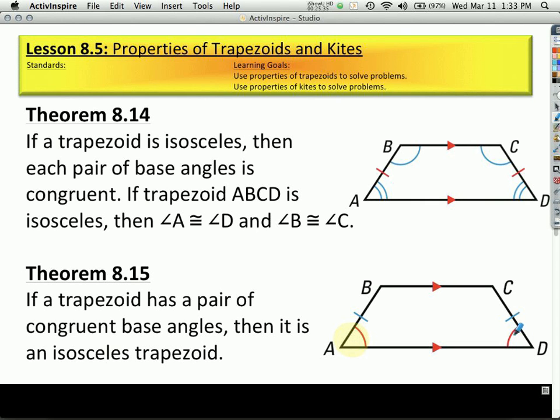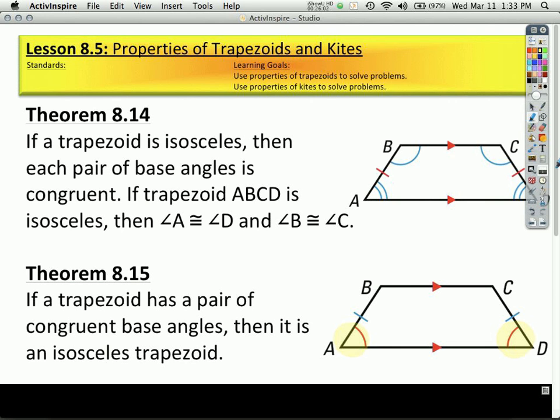And that's actually why they were separated. I apologize because I did just remember. Because in the first theorem, if it's isosceles, we end up with two pairs of congruent base angles. In this theorem, if you just have one pair, then you are allowed to say that it's an isosceles trapezoid. Any questions about that? Okay.